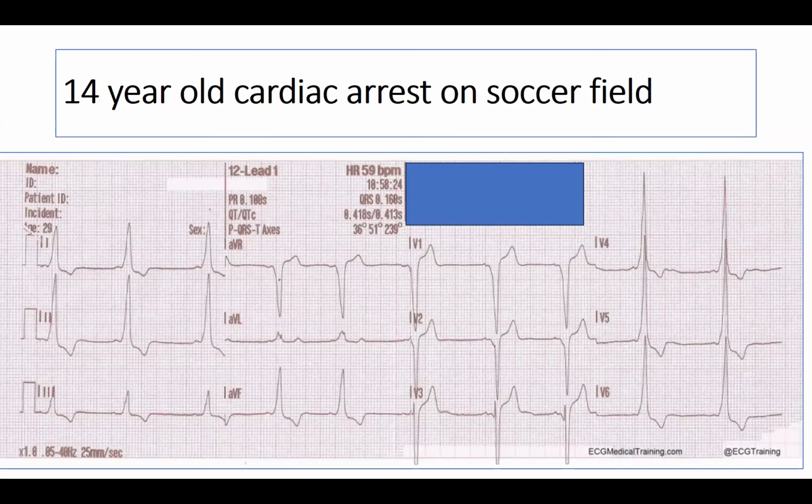So we would do things like give isoprel, just to see if the pathway under the right adrenergic setting could conduct rapidly. But that would be a much more difficult decision-making process. We would certainly ablate the WPW anyway, but then it would be a hard call as to whether or not the patient should get a defibrillator.